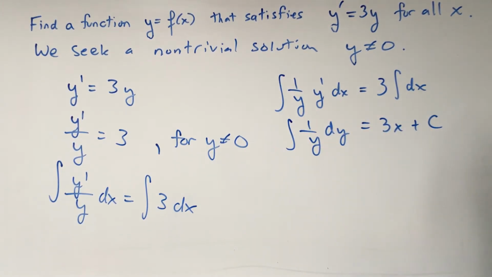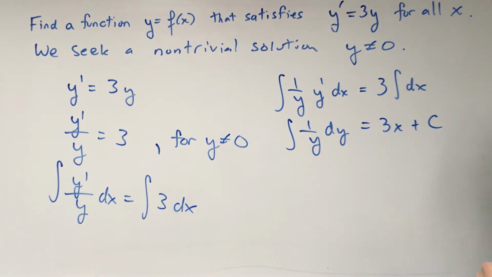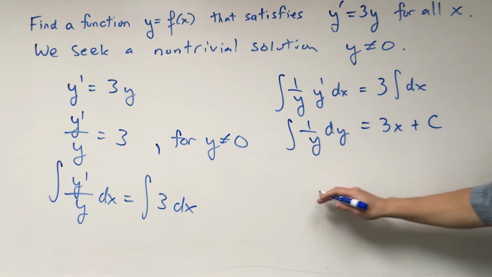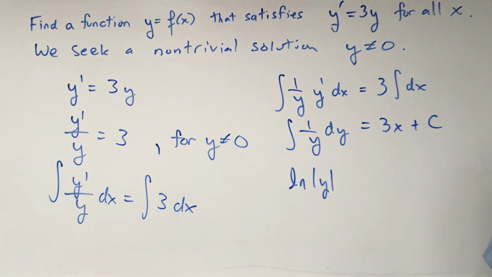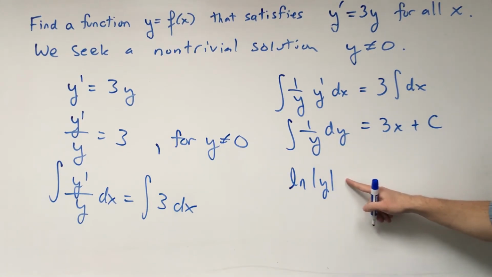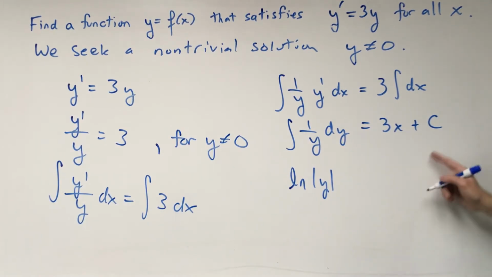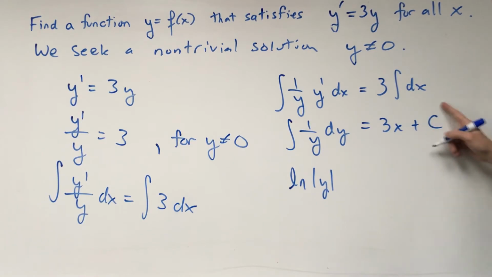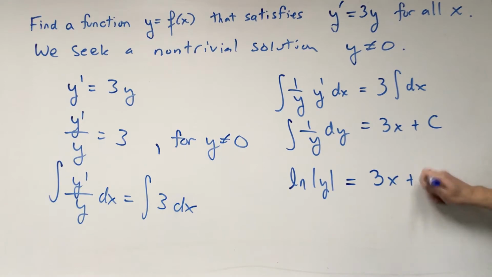And so now I can regard the left-hand side as simply an integral with respect to y. So we have natural log, absolute value of y. Normally we would put a constant here as well, but if we have a constant on both sides, we can combine those into a single constant on the right-hand side. The language that is often used is that the c on the right will absorb any constant from the left. And so we are left with natural log absolute y equals 3x plus c.